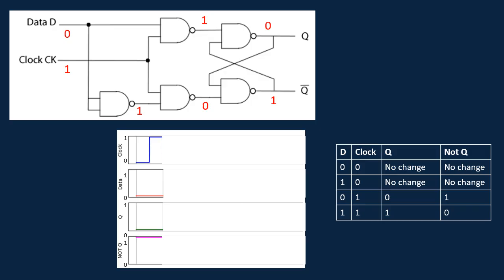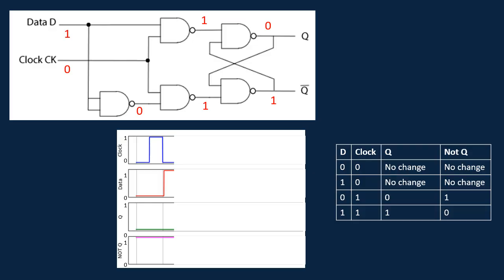So let's have a look now at how we apply this to a time sequence or changing values of data, and we have our clock cycles, and we can see how this changes against time. So let's pick up our cycle here where the clock is at 1, our data is at 0, and you can see in this case, if you work through all the logic, the value of our output Q is now 0. So let's move forward a little bit.